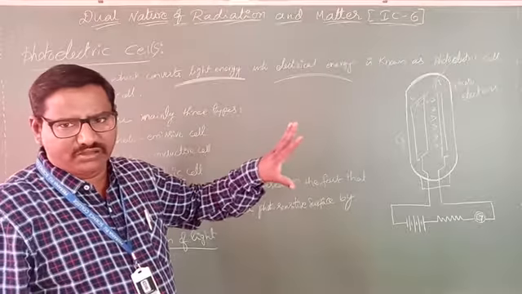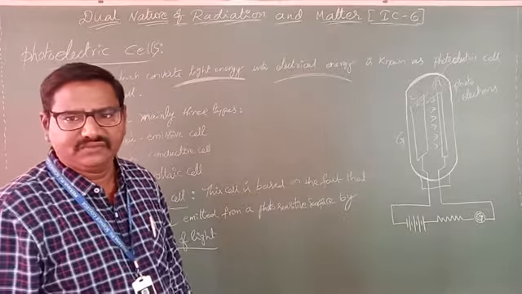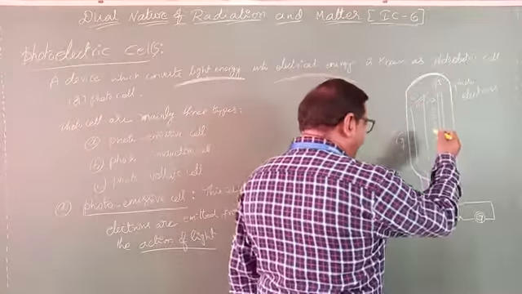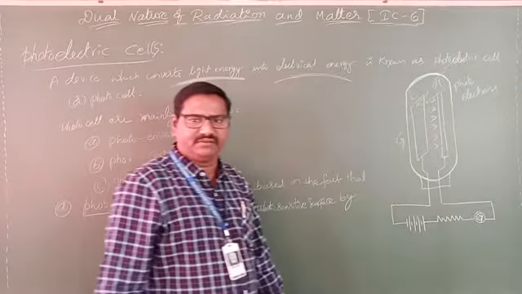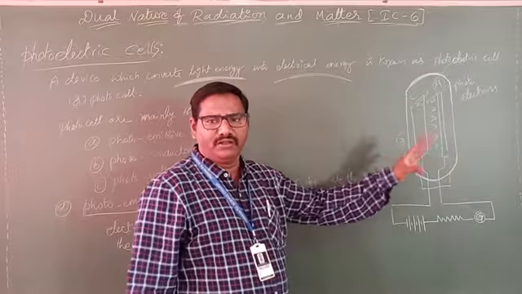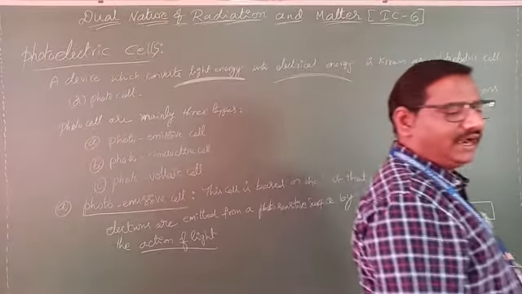Inside the tube there is no air or any other gas. If some ionization gases are introduced in the glass tube between the plates, then they are called gas emissive photoelectric cells.